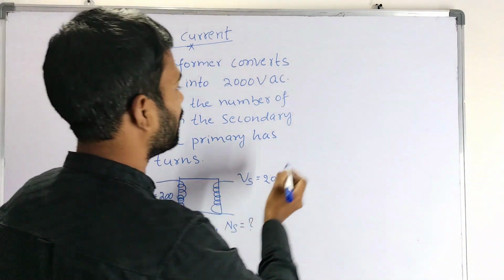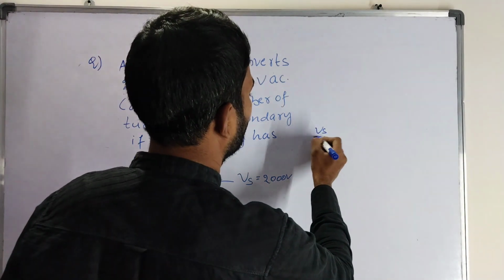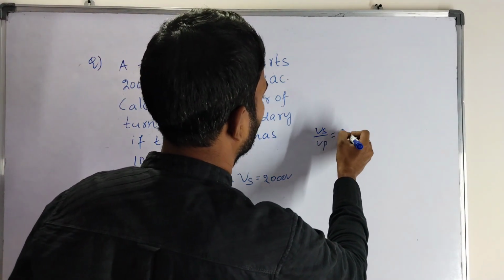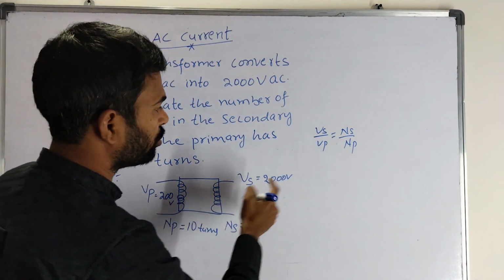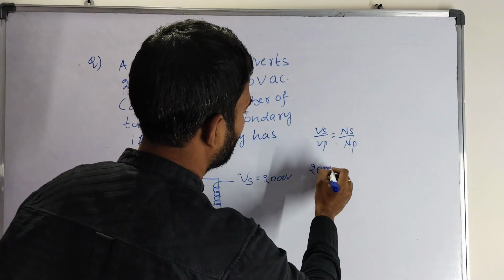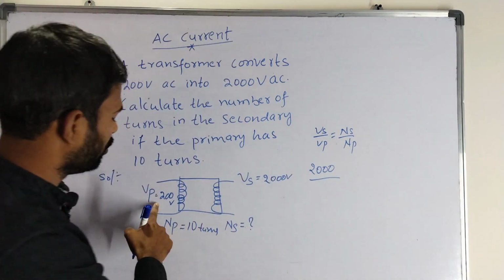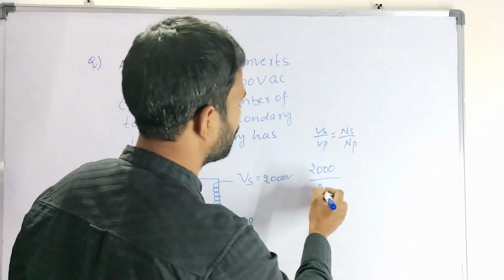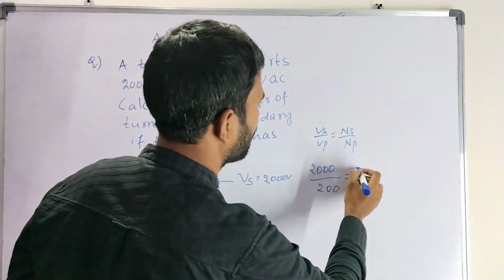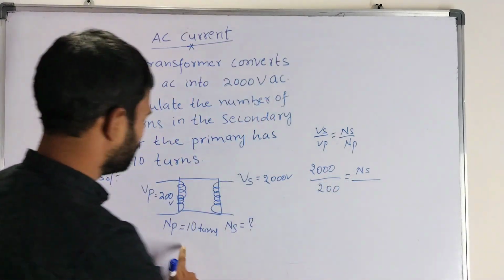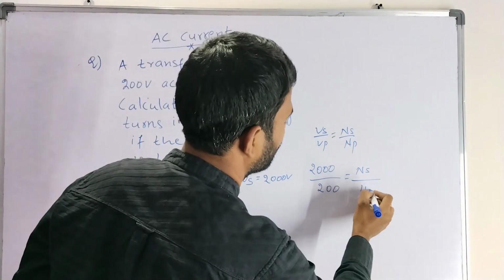So we have the formula Vs by Vp is equal to Ns by Np. Vs we know is 2000, Vp we know is 200 volts, Ns we have to find out, Np we know is 10 turns.